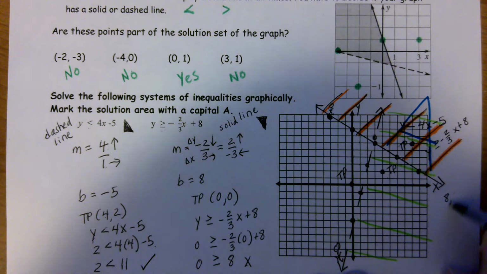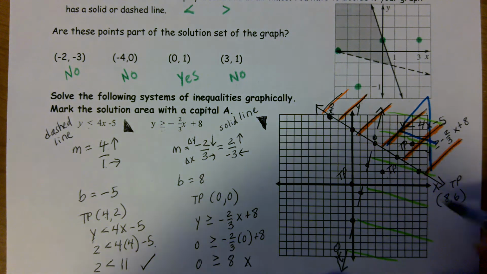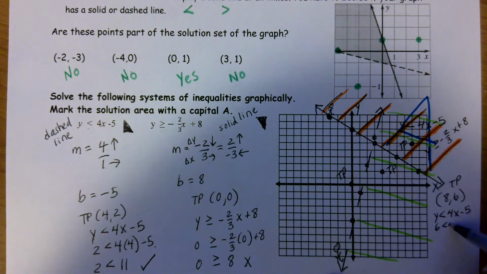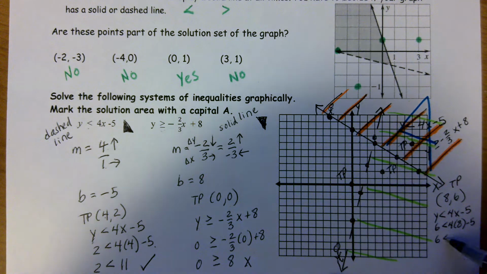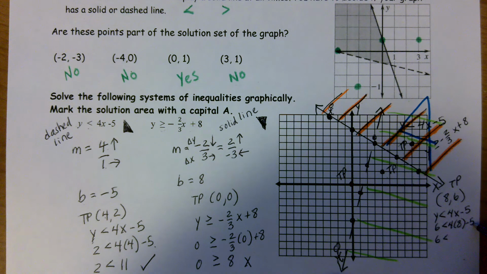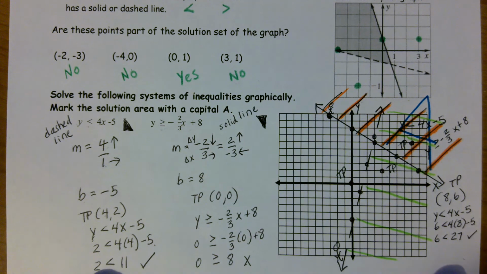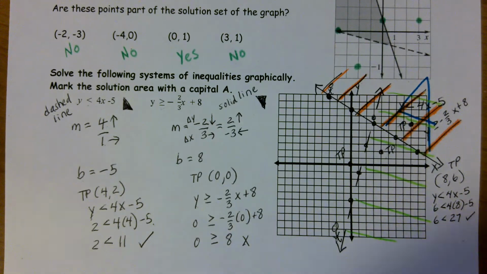So I have 8, 6 as my testing point for the system. Does it work in y is less than 4x minus 5? Is it true that 6 is less than 4 times 8 minus 5? 6 is less than 32 minus 5, 27. That's definitely true. Remember, it also has to work in the other inequality.